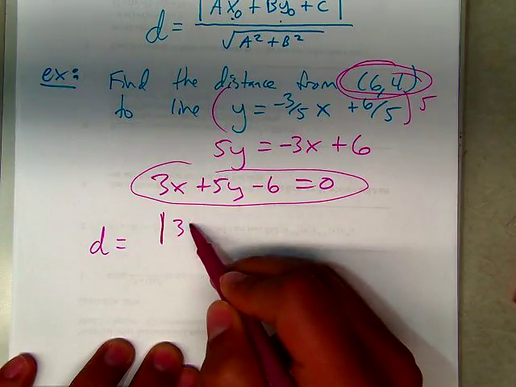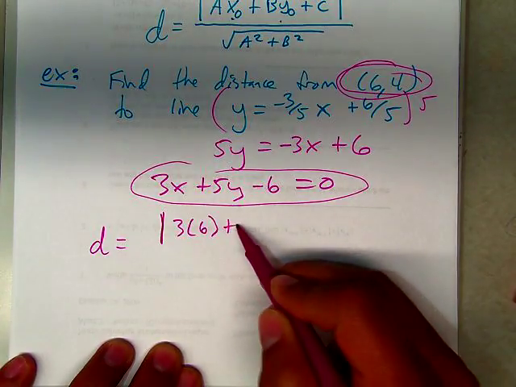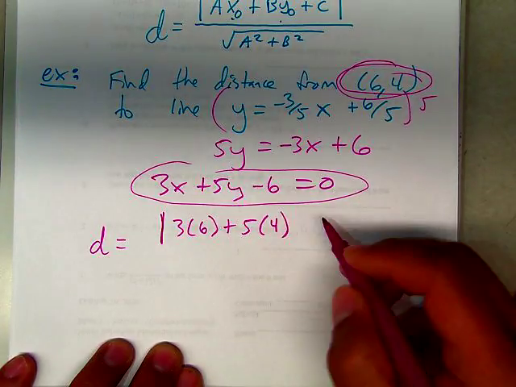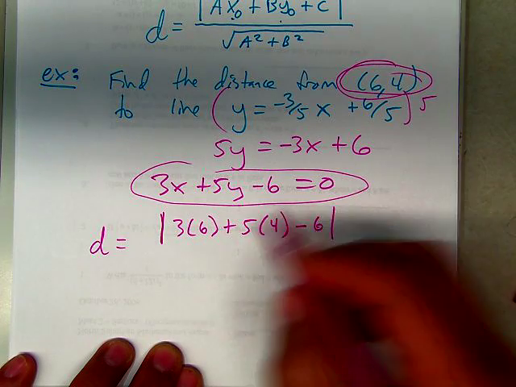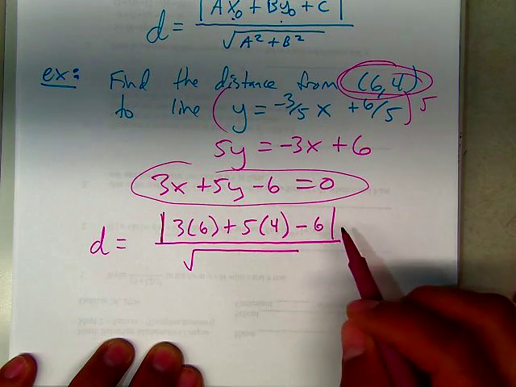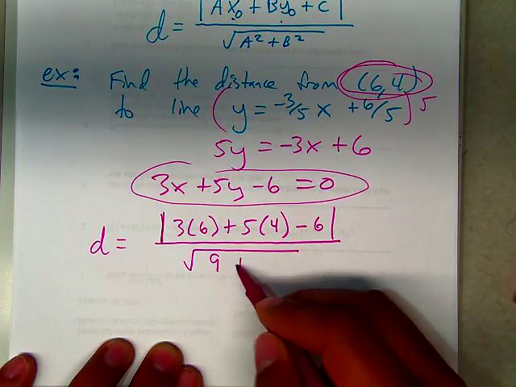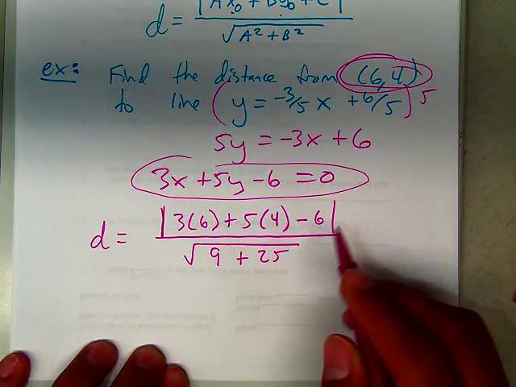So 3 times 6, the x-coordinate, plus 5 times 4, plus or minus 6. Minus the c, or plus the c, which is negative 6. So subtract 6. And then the square root of 3 squared is 9, 5 squared is 25. So we divide by the root of 34.